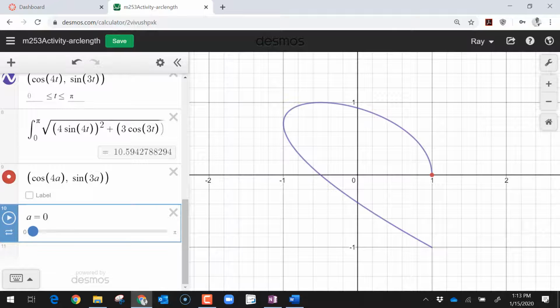So starting from 0, that's pi over 2. And then it goes back and writes over it again. That's when I realized I probably just need to go to pi over 2. So I apologize for those people with the purple graph, but we'll take a look at it.